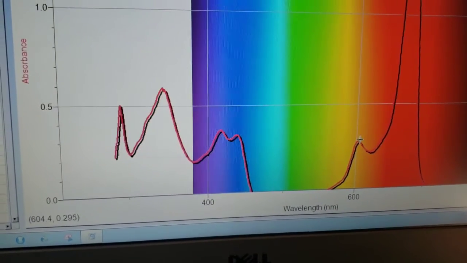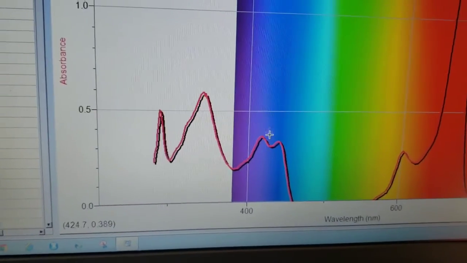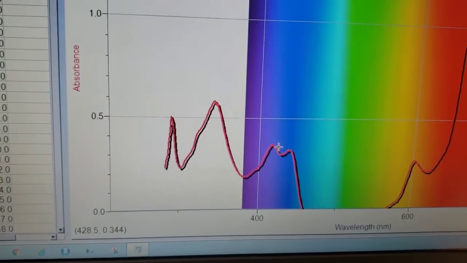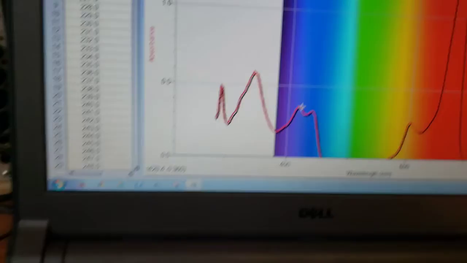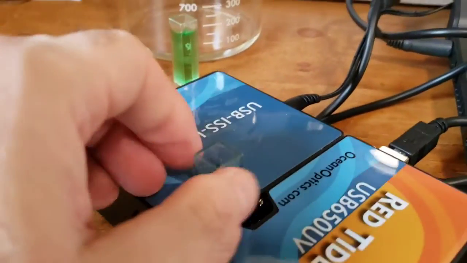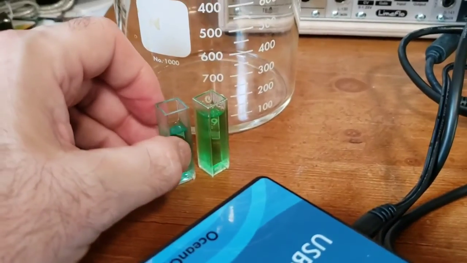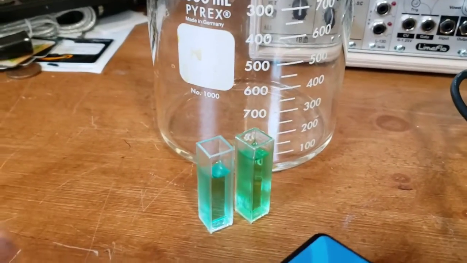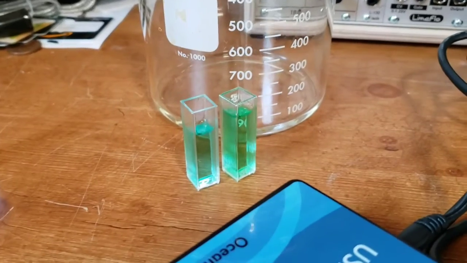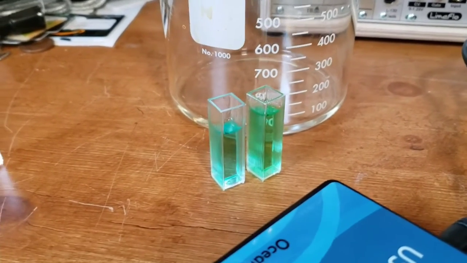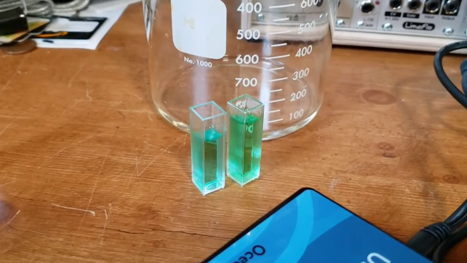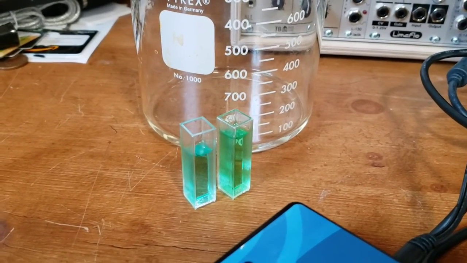I've also got a shoulder here, and then the very intense blue that I saw in the first sample, well, that's gone. So these two green dyes, one came from a crime scene and one came from a standard, these are from different sources, which means I can rule out a suspect in my case.